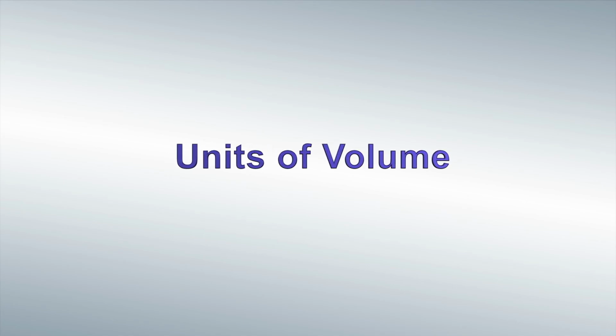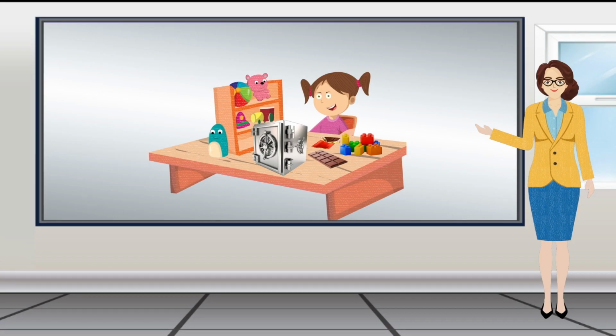Units of volume. Bhumi is sitting at a table surrounded by various objects like chocolate cubes, Lego blocks, and old iron lockers. She is fascinated by how the units of volume depend on the dimensions of the object being measured. Let's learn from some examples.